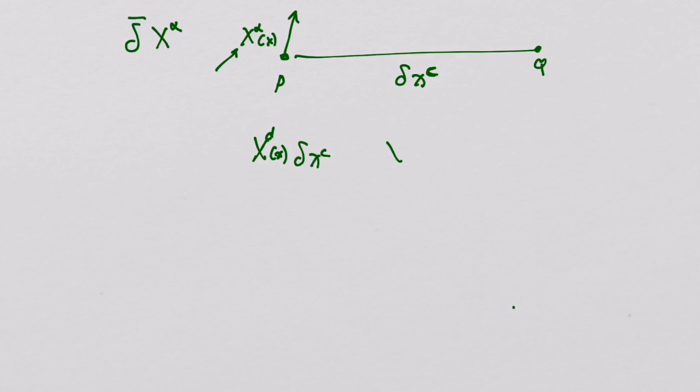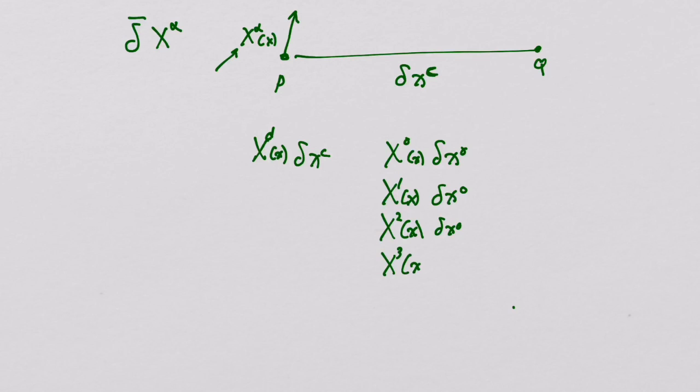It's got to be linear in x^0 located at x, delta x^0. It's got to be linear in x^1 of x, delta x^0. It's got to be linear in x^2 of x, delta x^0. And it's got to be linear in x^3 of x, delta x^0.